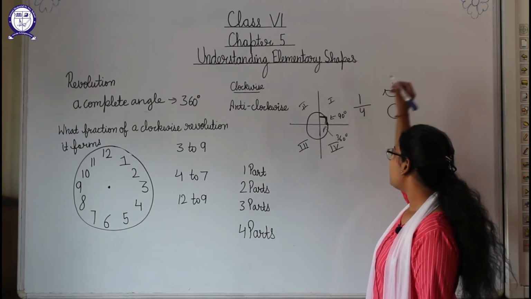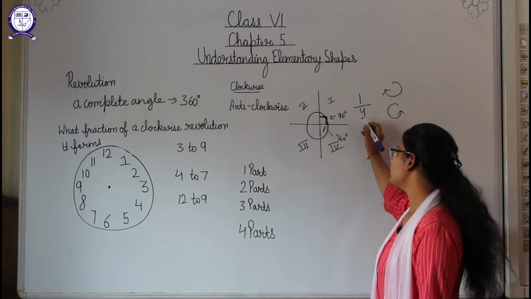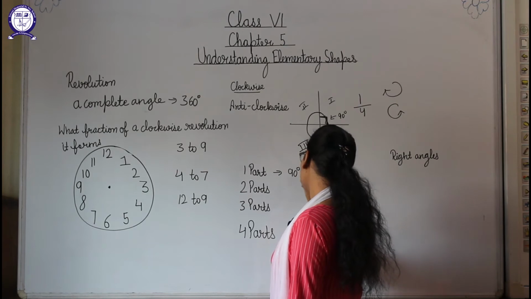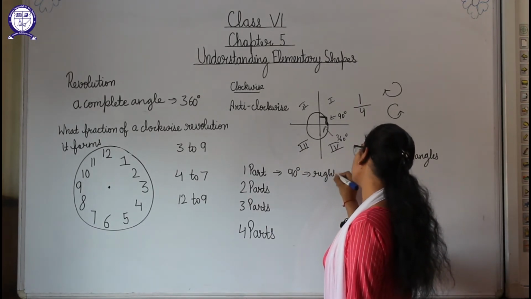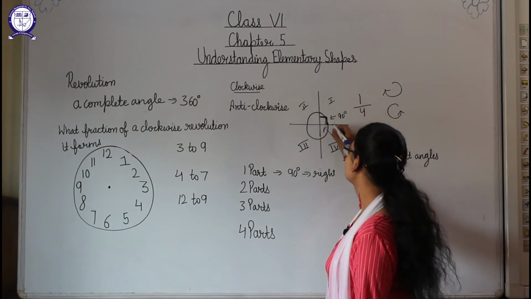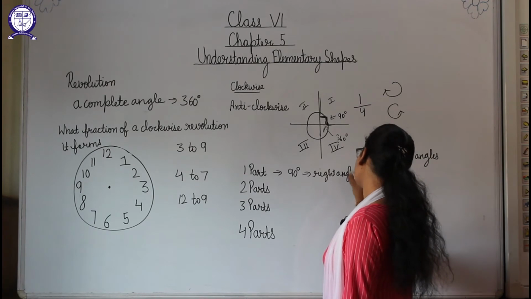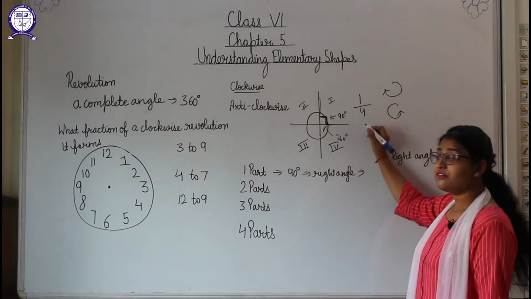So it is covering 1/4 of the revolution. So one part makes 90 degree, or we can say a right angle. As you can see, this is forming a right angle here. So 90-degree angle, or right angle, and which part of the revolution is it covering?